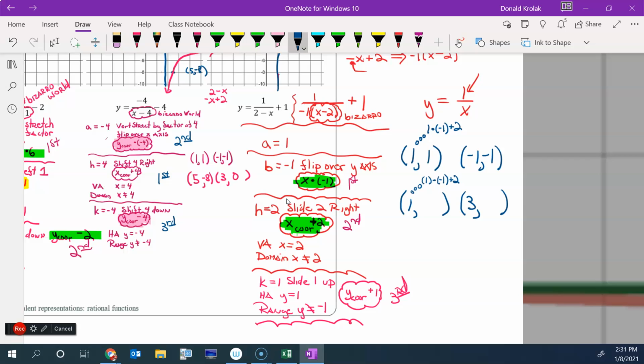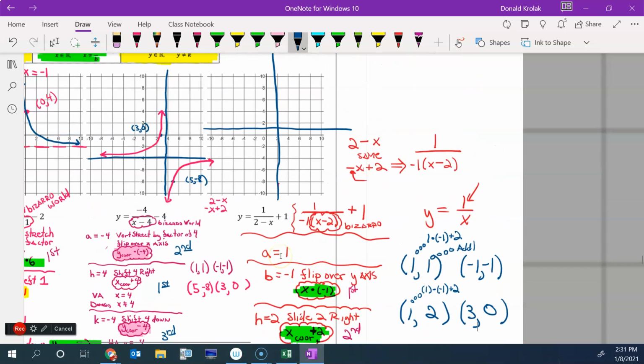Okay, the y coordinate's a little less work. I am simply going to add 1. And then I'm going to plot those guys.